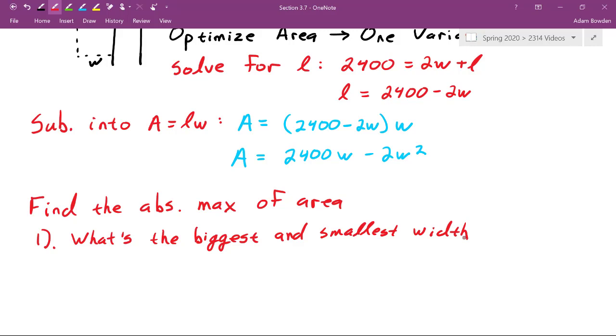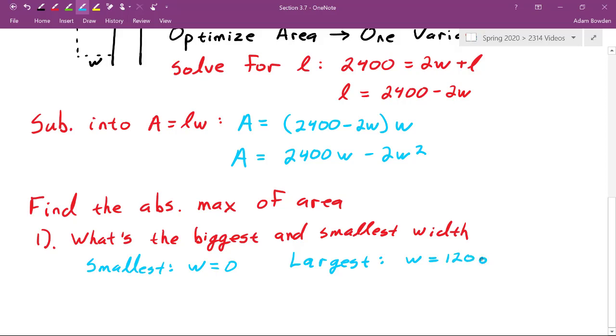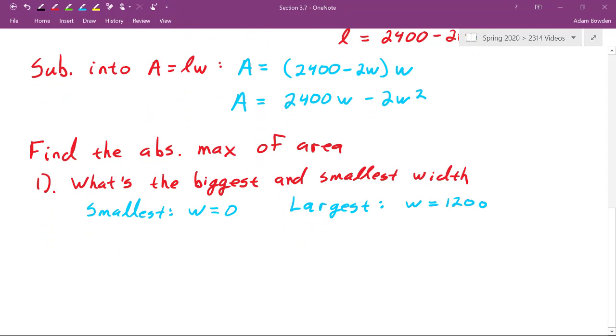The smallest could be 0, because that would be no width to it. The largest, however, is if we split the 2,400 evenly between the two sides for width. That would be 1,200 for W. Two widths of 1,200 would be the 2,400 total fencing that we have. So that's the smallest and the biggest we can make the width.